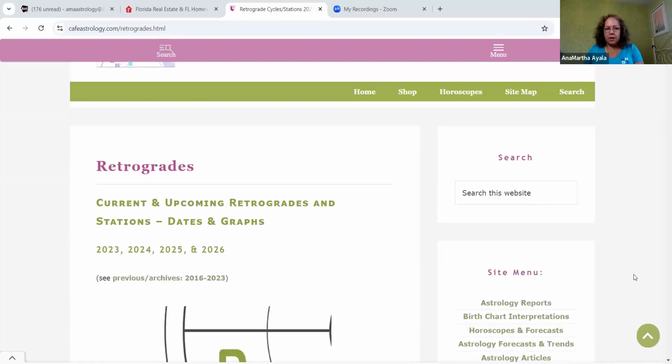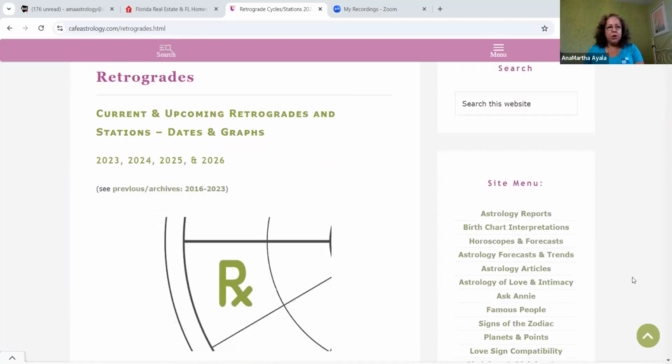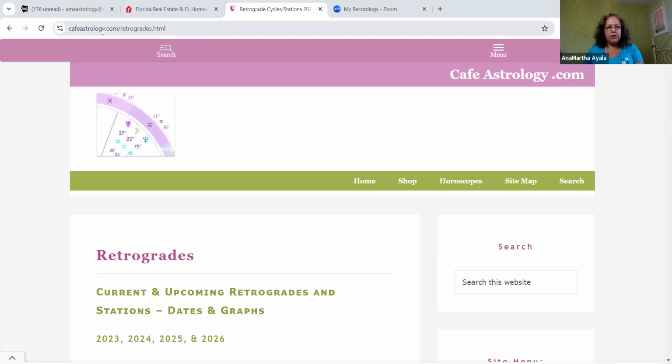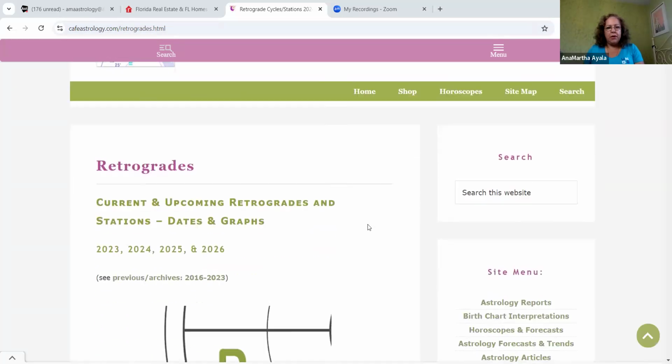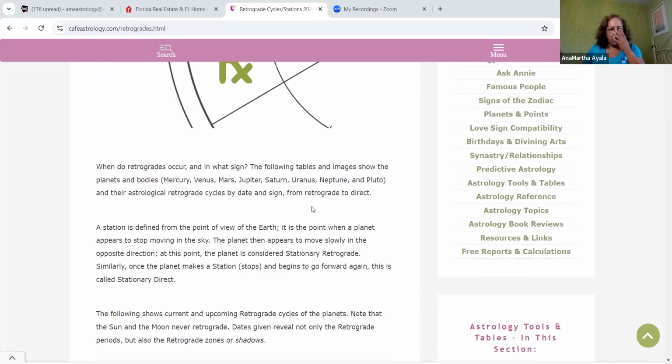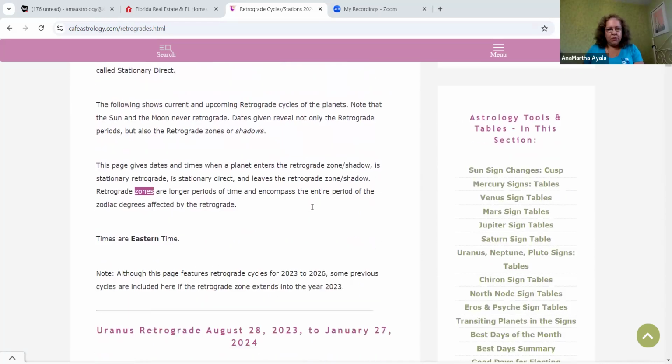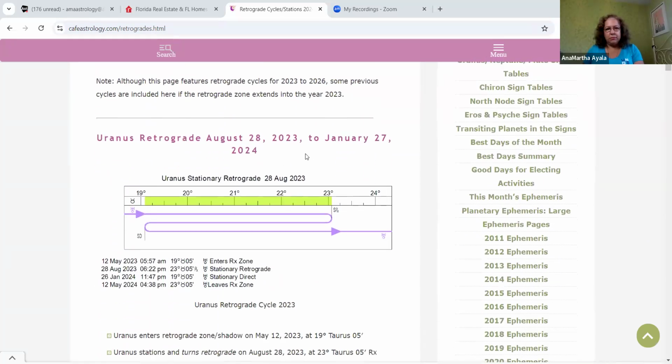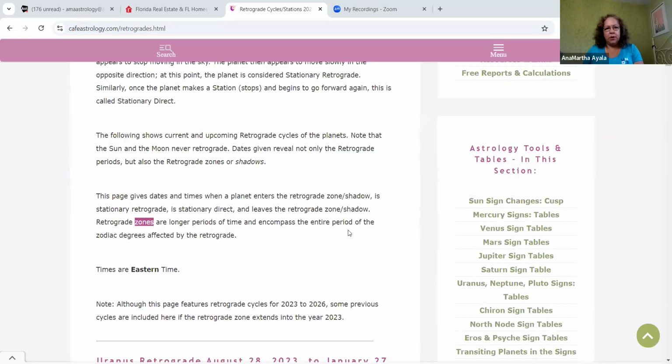If you don't want to buy an ephemeris, which is absolutely fine, then you go to cafeastrology.com/retrogrades.html, and it will give you current and upcoming retrogrades and stations and dates and graphs and the whole bit, right?